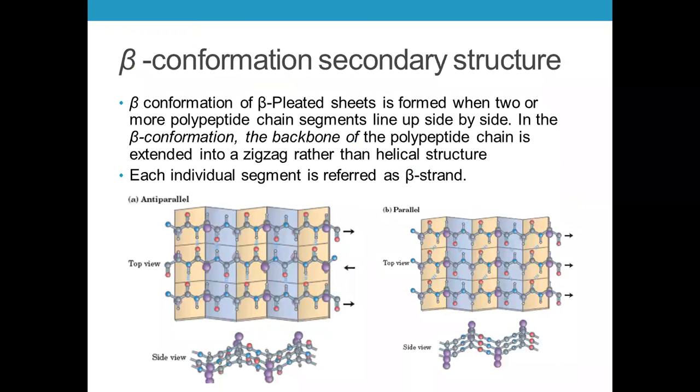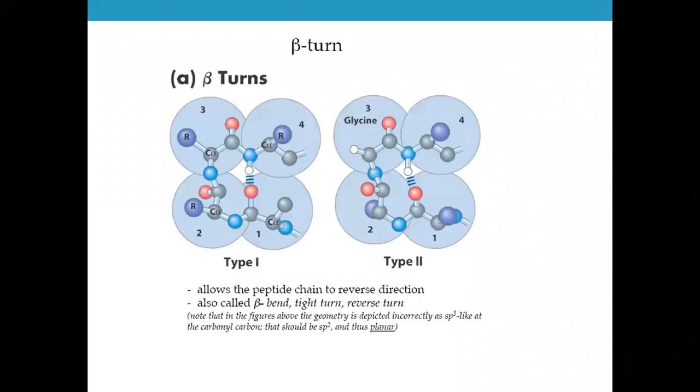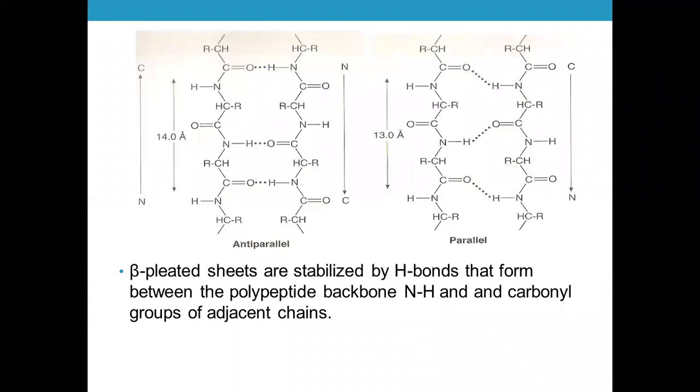And just take note that the beta conformation or sheets are actually made up of two kinds: antiparallel or parallel. What is antiparallel or parallel? If it's parallel, the sequence of the amino acids in the polypeptide backbone is similar.